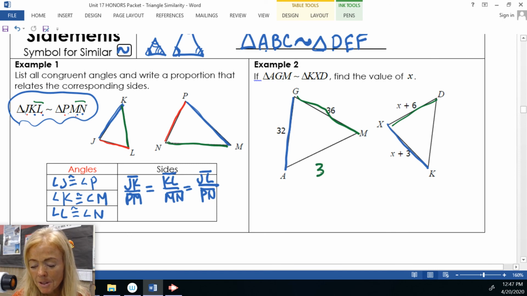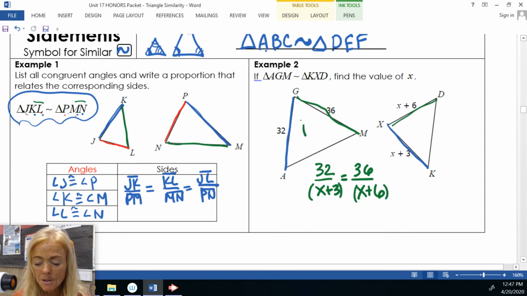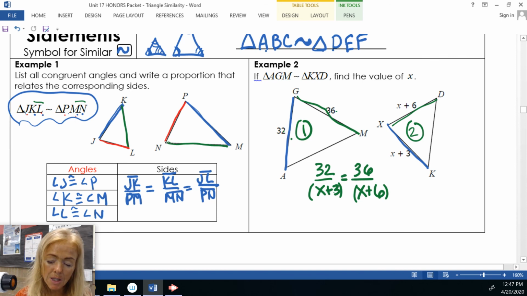So then we would take 32 over x plus 3 is equal to 36 over x plus 6. Now notice 2 things here. First of all, I started with this triangle both times, so 32 over x plus 3 equals 36 over x plus 6. So the first one is on top, and the second one is always on the bottom. And then I set up the correct ratios to make sure that my corresponding sides are matched up correctly: one side from one triangle over the corresponding side from the other is equal to one over the corresponding side of the other.